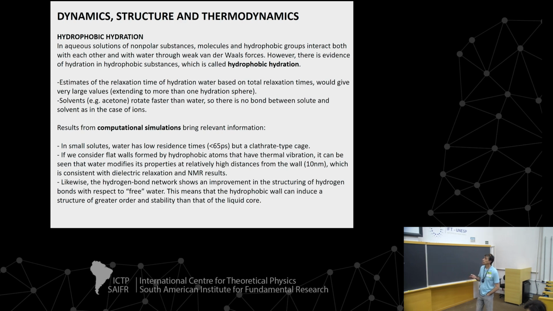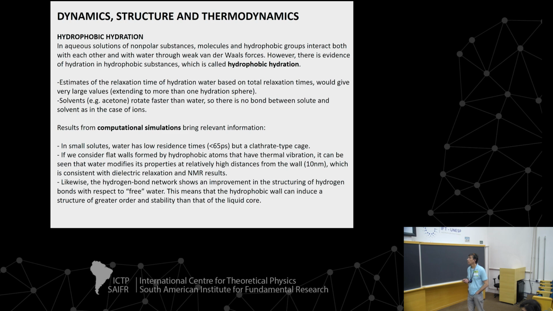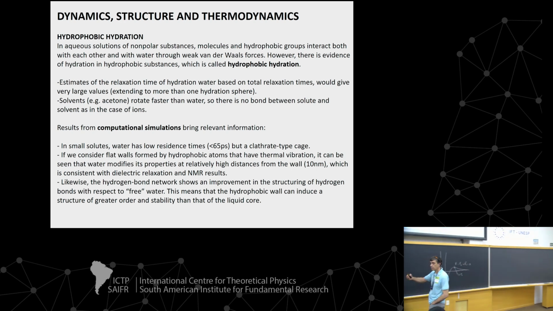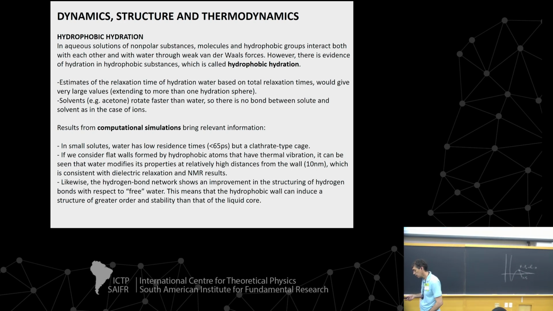If we consider flat walls of hydrophobic systems, you are going to have thermal vibration. And you can see that water modifies the properties at relatively high distances from the wall. There are experimental studies that show 10 nanometers, but in other cases it could be more than that. There's no consensus on how many water layers are affected by the hydration process.